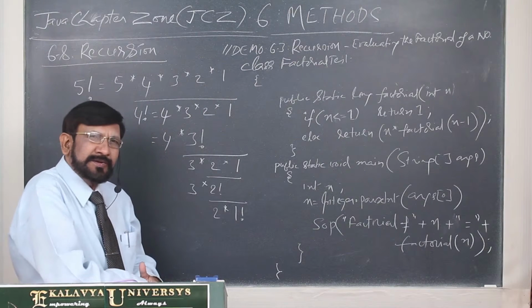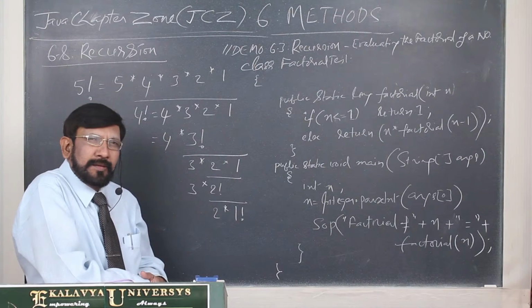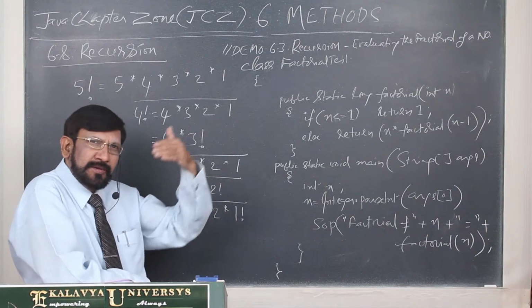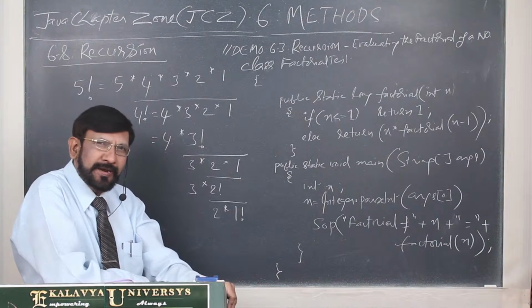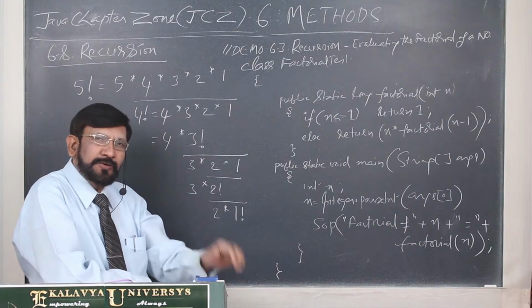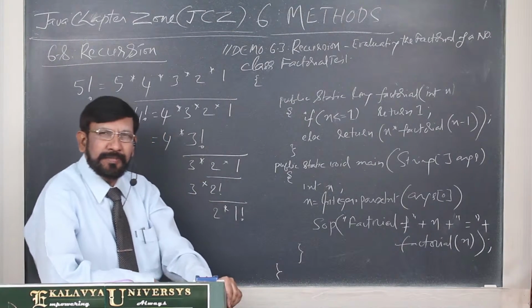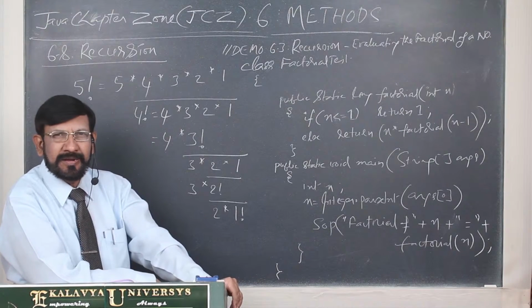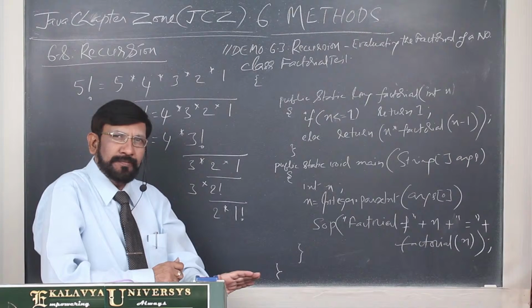Now in this context, one more point I have to explain. A method calling itself continuously would go on indefinitely. When it is stopped, it is subject to a condition. Whenever a condition is satisfied or an event occurs, the recursive calling is stopped.